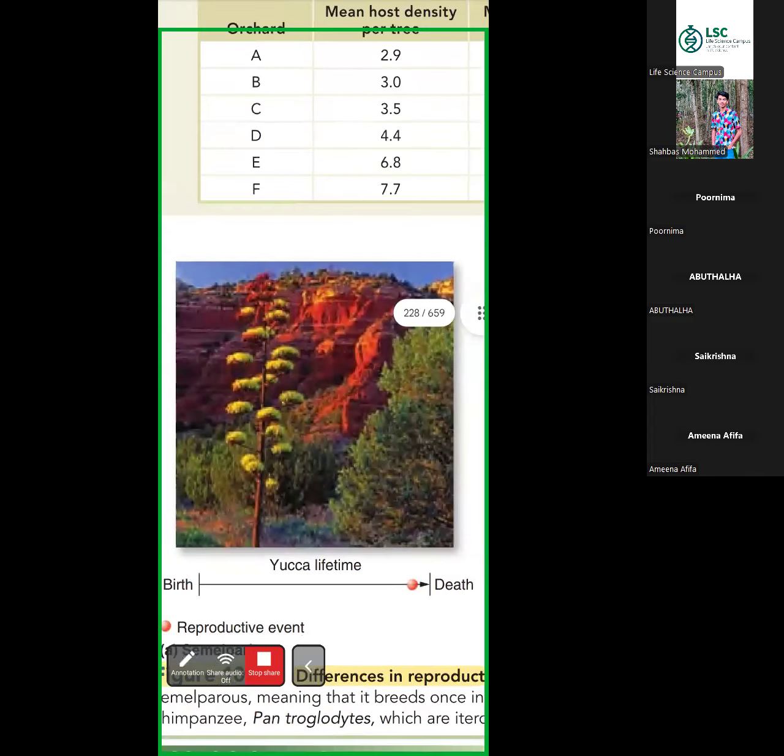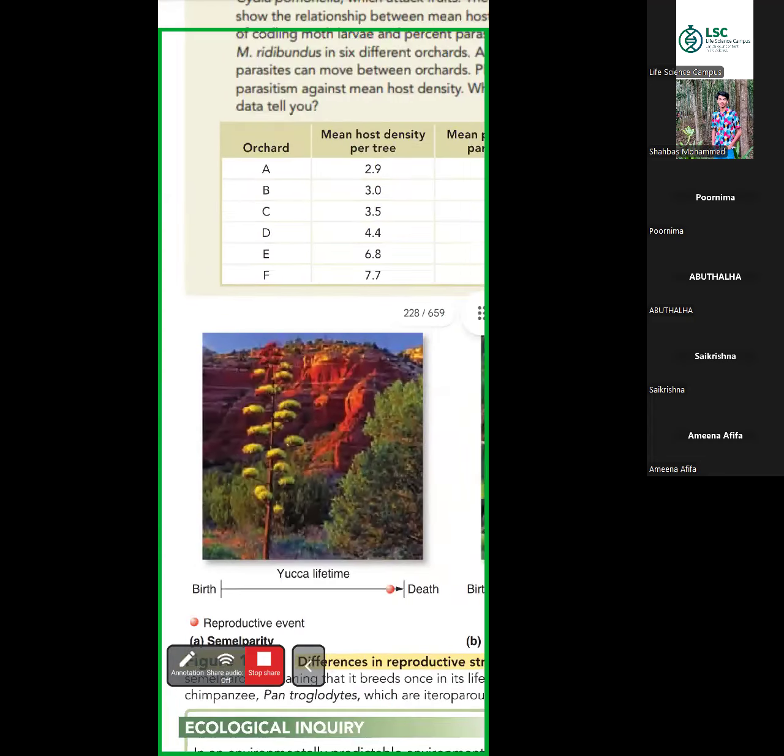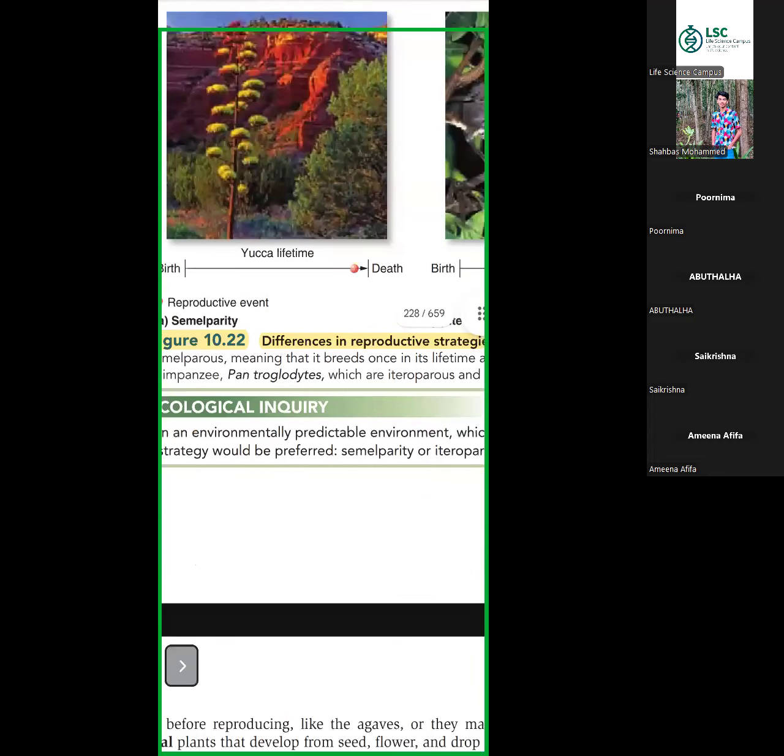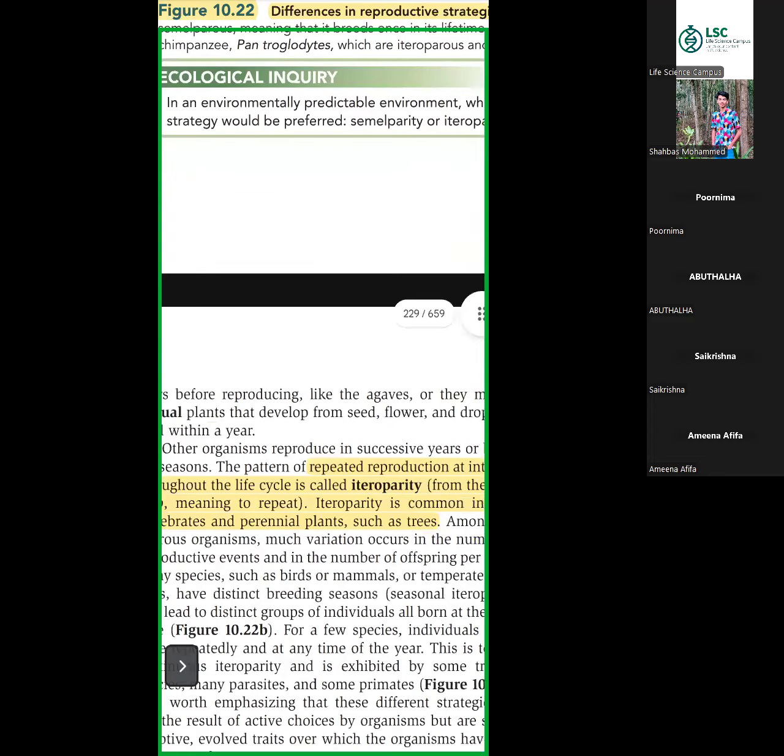And the second type of reproductive strategy is iteroparity. This is iteroparity. Iteroparity means the pattern of repeated reproduction.